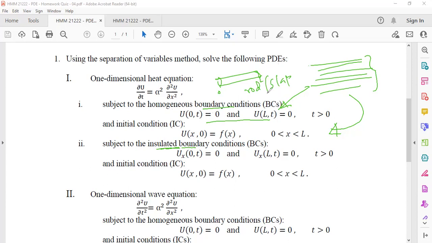Given that the temperature u(x,0) is equal to f(x) at t equal to 0, determine the temperature at the subsequent time. That kind of question paragraph I have made for you in a simple way. Even if you get this kind of question, after reading it, you can write that both ends are at 0 degrees and initially it is a function of x, something like that, in a sentence.